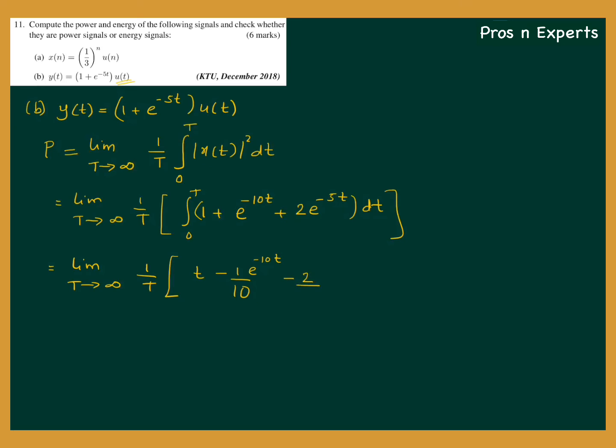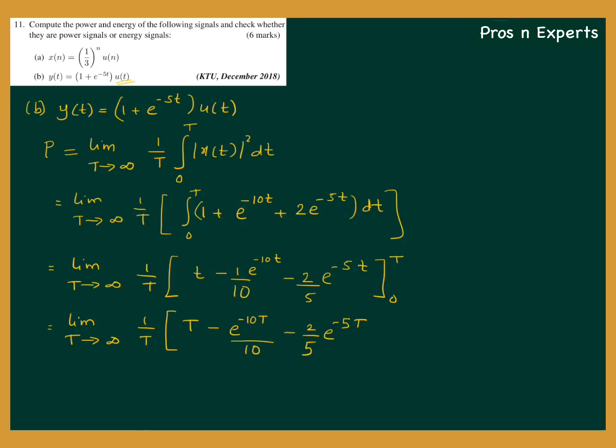It is minus 2 by 5 e raised to minus 5t, within the limits 0 to capital T. Now this is limit T tending to infinity 1 by T. Applying the limits, you can see that it is T minus e raised to minus 10T by 10 minus 2 by 5 e raised to minus 5 capital T.